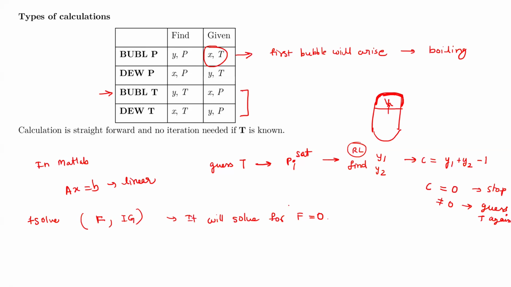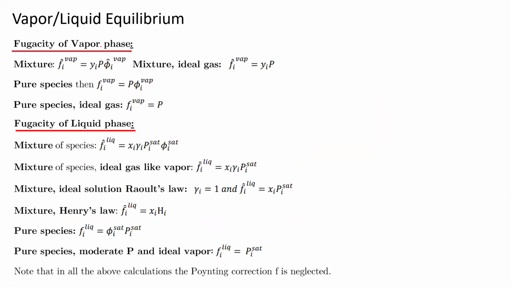Now we'll be looking at what we are discussing this week. When coming to the discussion of vapor liquid equilibrium for a mixture, we should equate phi i cap vapor equal to phi i cap liquid.